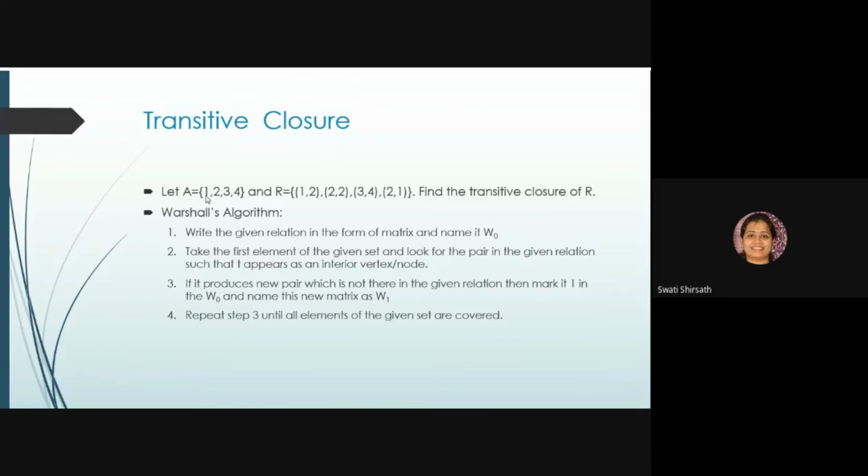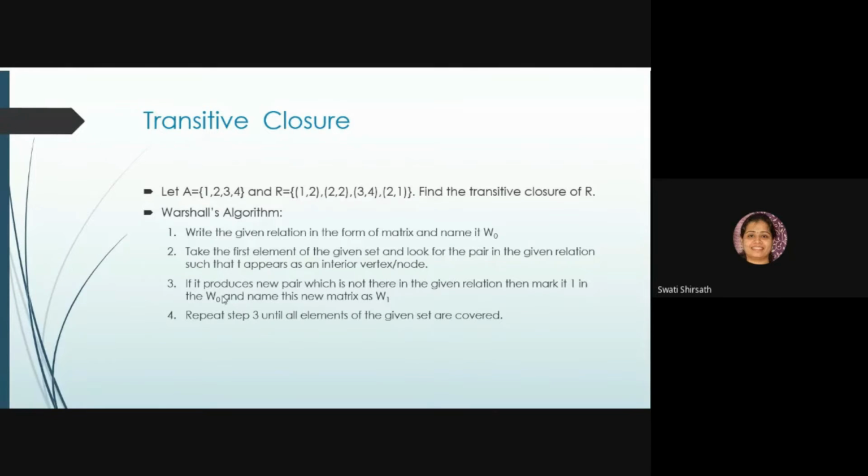Transitivity, if you remember, is: from A to B, B to C, then A to C. The element common to both pairs, that is B, we call the interior vertex. You have to check whether any pairs have this particular element as an interior vertex, and if so, find its transitivity.